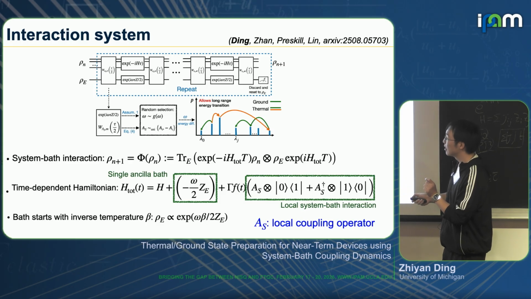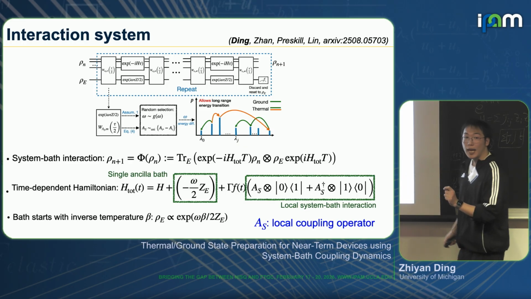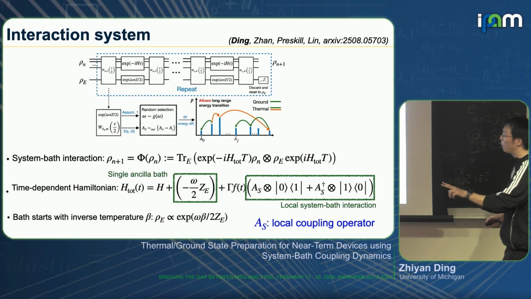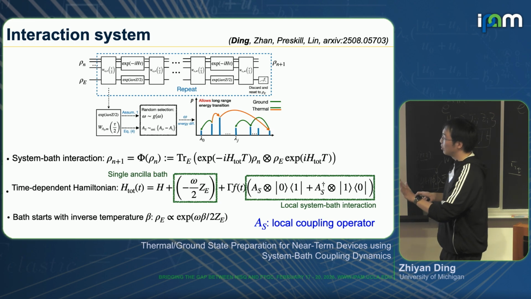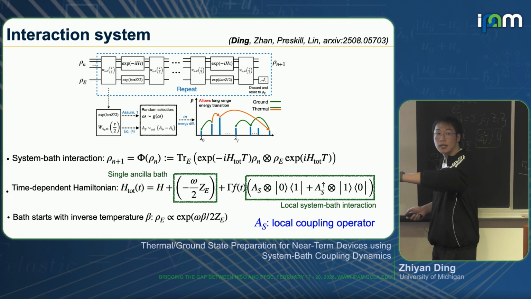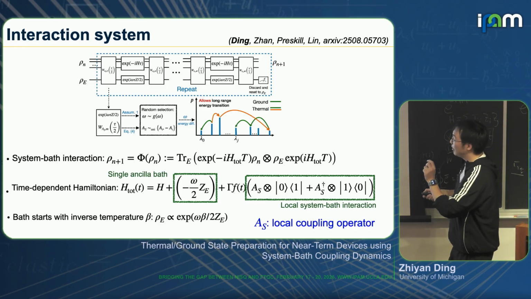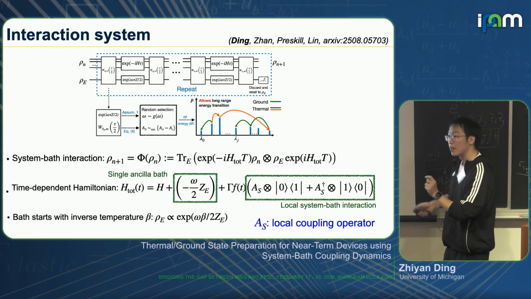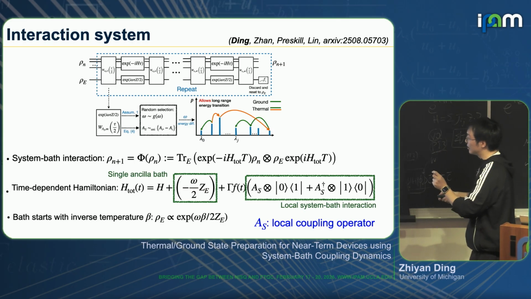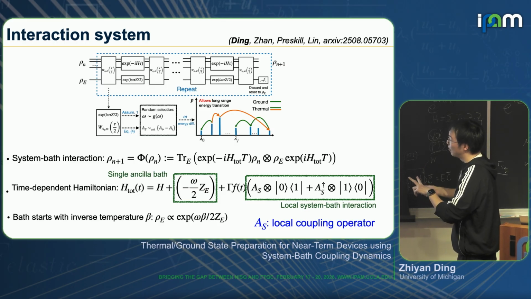Then this omega capital Z, which only acts on the bus, corresponding to this Z rotation here. And the key component that ensures mixing is I also introduce some interaction terms between my system and the bus. In this interaction term, I need some coupling operator AS acting on the system part, and this 0,1 flip and 1,0 flip act on the bus part.